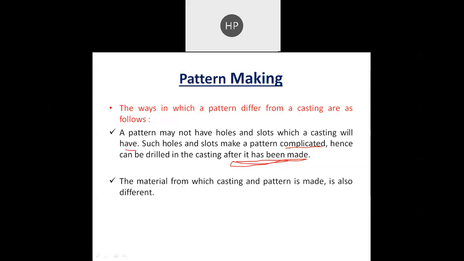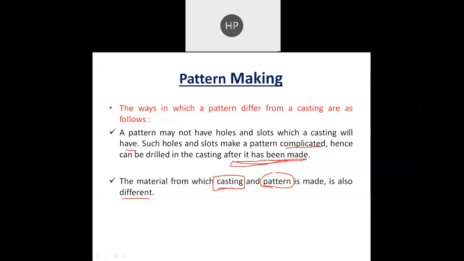And the material from which the casting and pattern are made is also different. Why? Because as I told earlier, the pattern is generally made of wood, plastic, wax, plaster, and some different kinds of metal. But the casting is made from the metal from which we require the object.